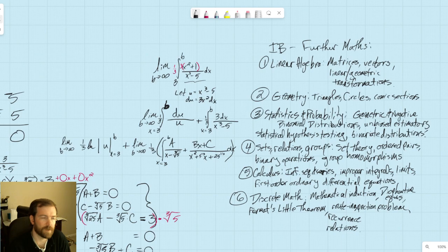You can look at this and say, well, the denominator has a higher power, so it should go to 0. But the problem here is that the difference in their degrees is only 1. So this is going to have a behavior which is very similar to the integral of 1 over x.